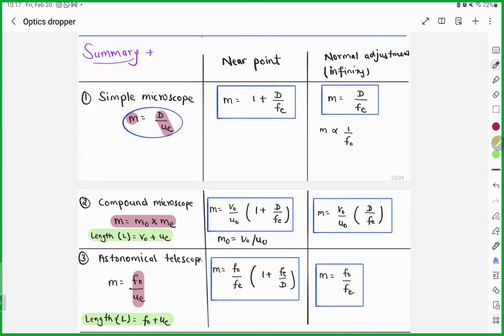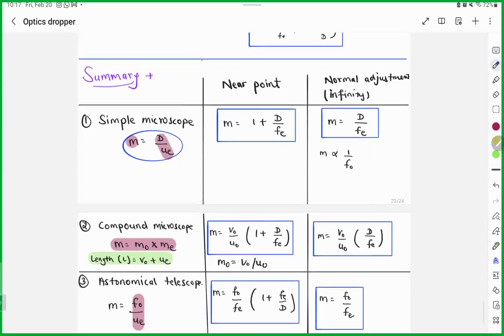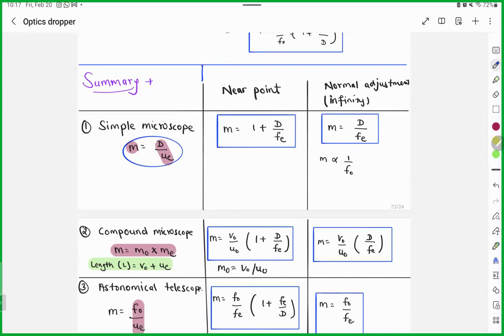One thing is common in the normal adjustment, in general. In your normal adjustment, UE will be equal to FE. This is permanent. In the first situation, the main formula is D by UE, but for infinity, instead of UE it will be FE.